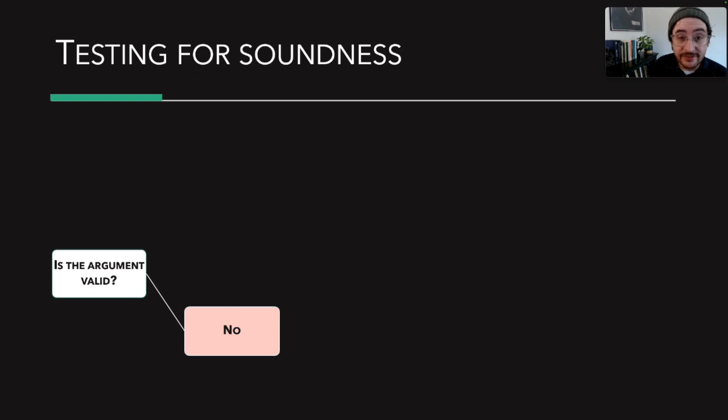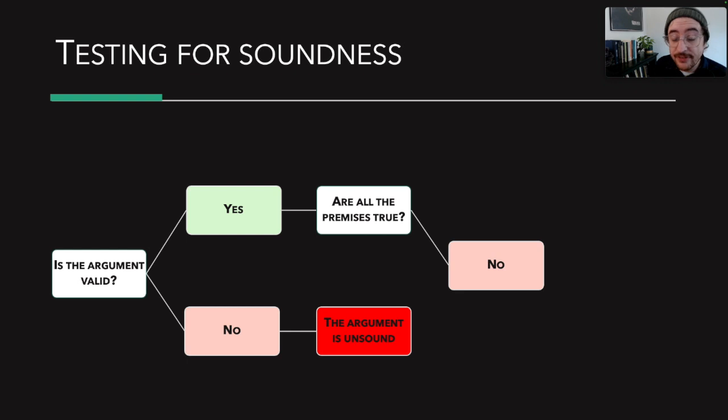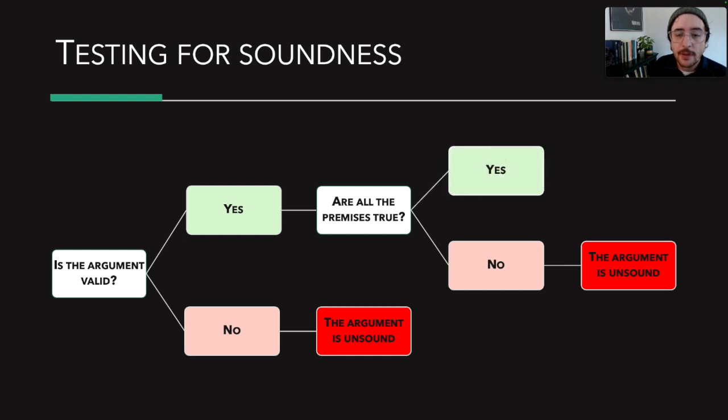Well, if it's not valid, then the argument is unsound because it doesn't have good logic. If the argument is valid, then we need to ask, are its premises true? Is every premise that we put into that argument actually true? If no, if even one of the premises is false, then the argument is unsound. But if all of the premises are true, and the argument's valid, then the argument is sound.